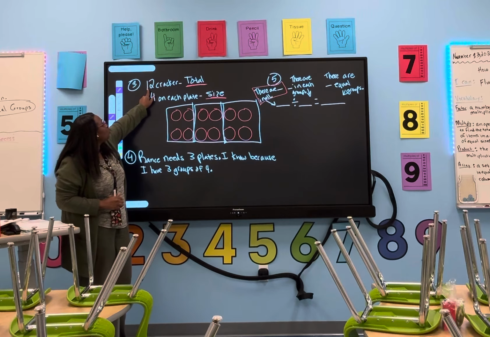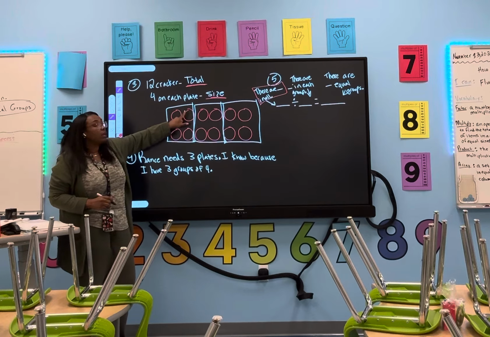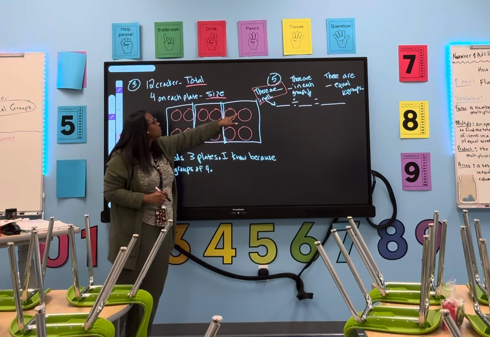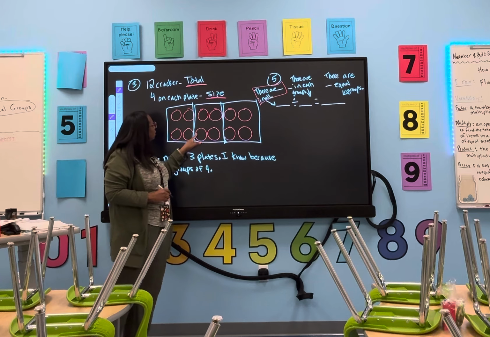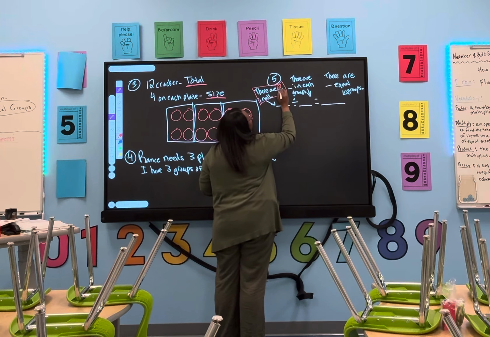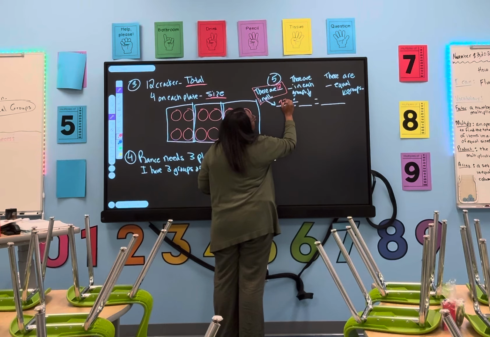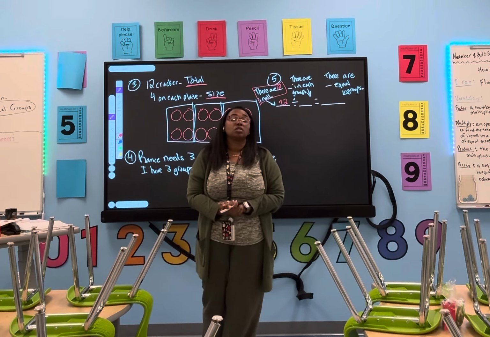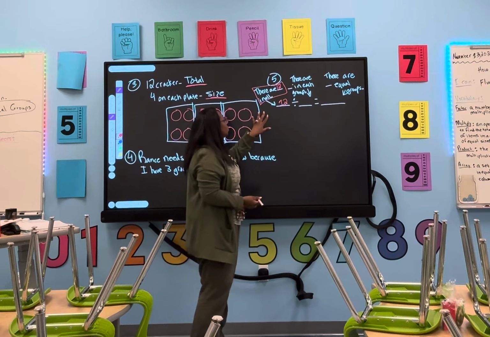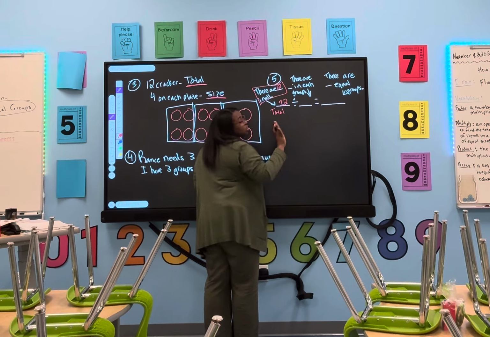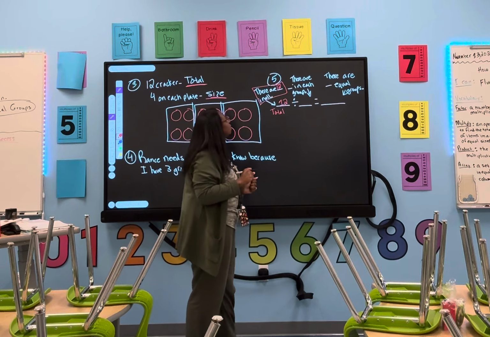The total we had was 12 crackers, but we're going to count to make sure. 1, 2, 3, 4, 5, 6, 7, 8, 9, 10, 11, 12. So I have 12 crackers in all. That's my total. That goes on my first line. And remember, I said that the total always goes first in your division equation, which is true. Total never changes. That will always be first.